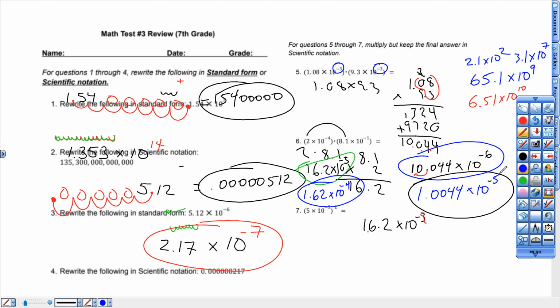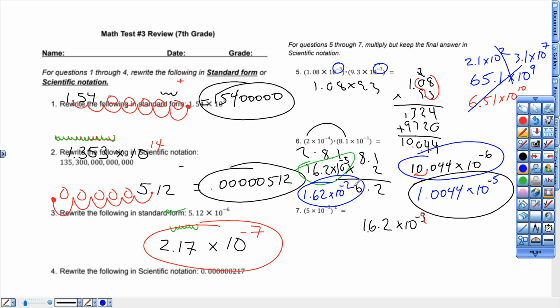For negative exponents, moving it to the left makes it go down. If it's a positive one, it makes it go up. But yeah, I think this is going to be -5. I think this one is going to be -2. I'm thinking on that one.